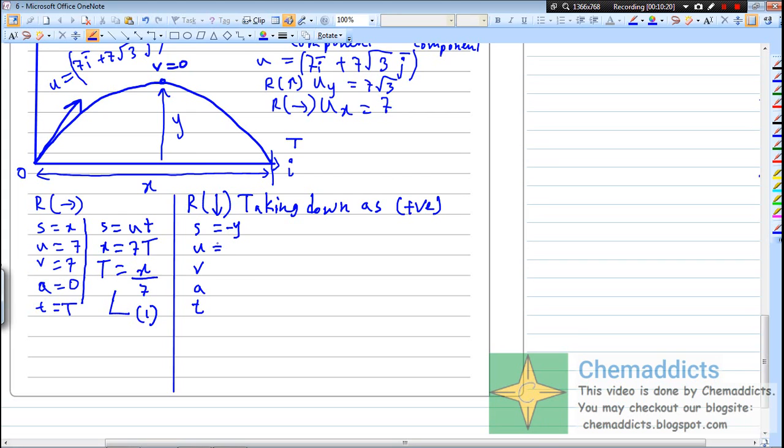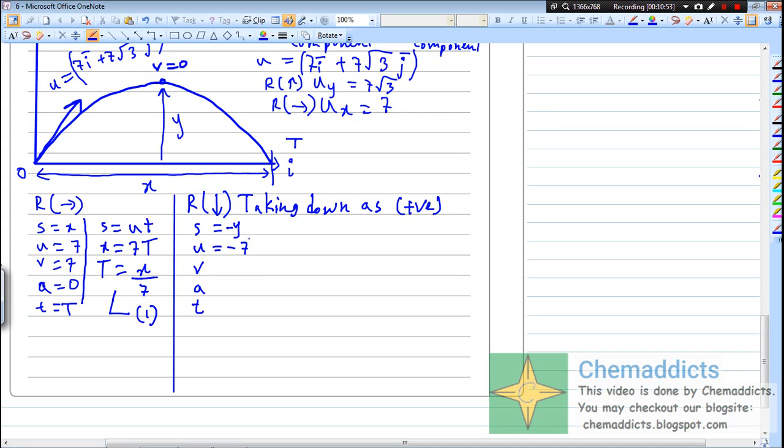Since the initial velocity is acting upward and we have taken downward as positive, this should be negative. We need to be careful about this, because our answer depends on the signs, positive or negative.